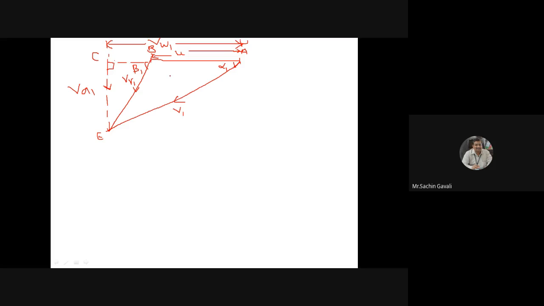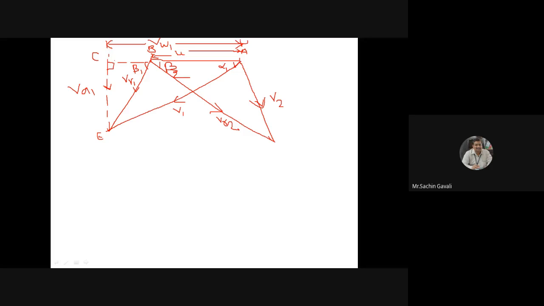Similarly, this is VR2, and U is the blade velocity, which is common. Here VR2 makes an angle beta 2 with the horizontal. As there is a difference between U and V1 as VR1, similarly the difference between VR2 and U is V2.